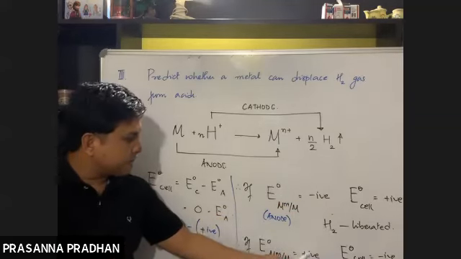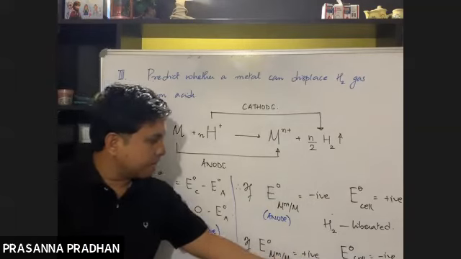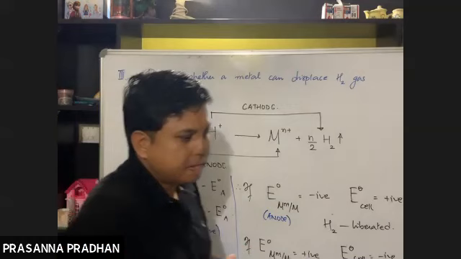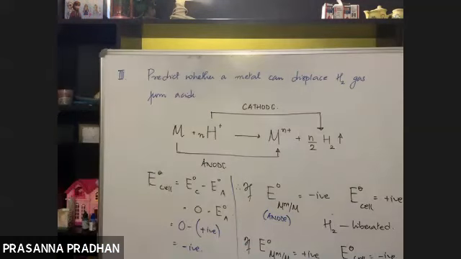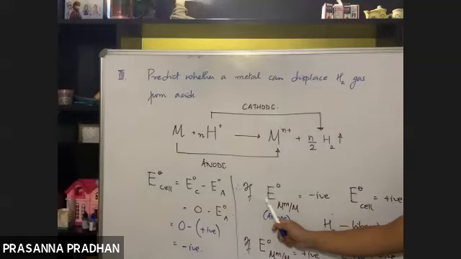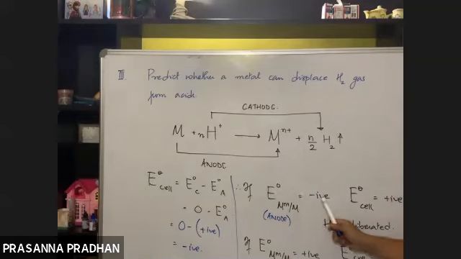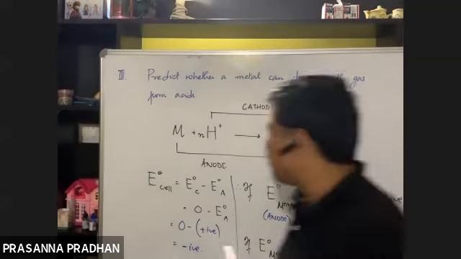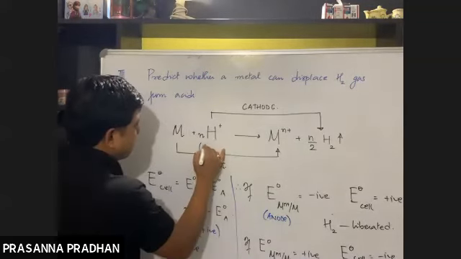Those metals which have positive reduction potential value will not be able to liberate hydrogen gas. For example, copper cannot liberate because its reduction potential is plus 0.34. Just write it down: only those metals which have negative reduction potential value can liberate hydrogen gas from acids. H positive denotes an acid.